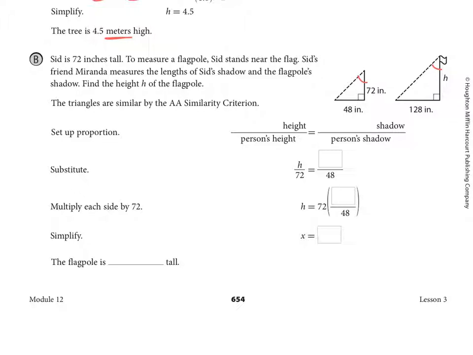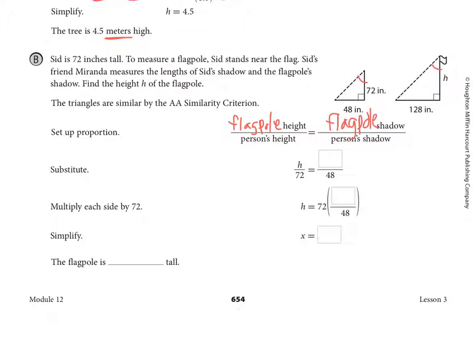So if we set up a proportion, we are going to put what we want to find in the numerator, because that makes sense. So the flagpole's height to the person's height, and then we want to go from flagpole's shadow to person's shadow.